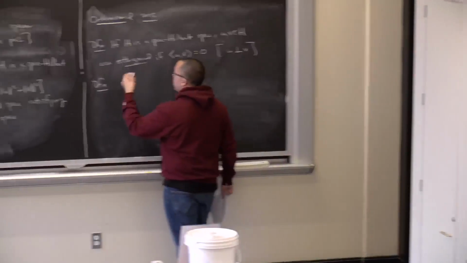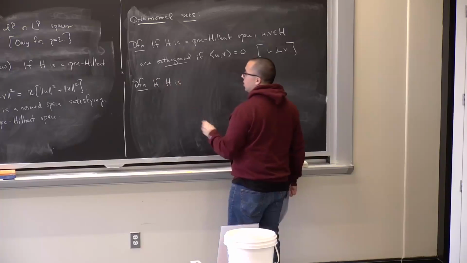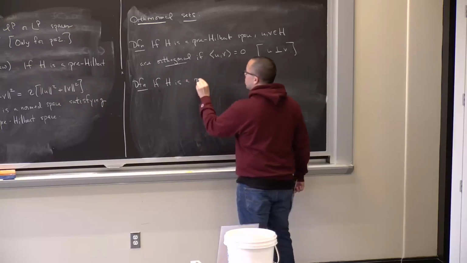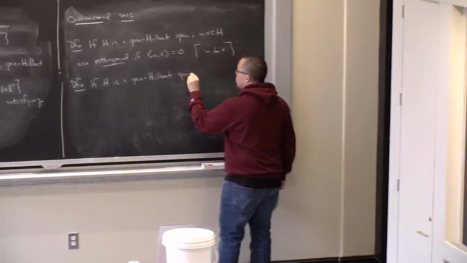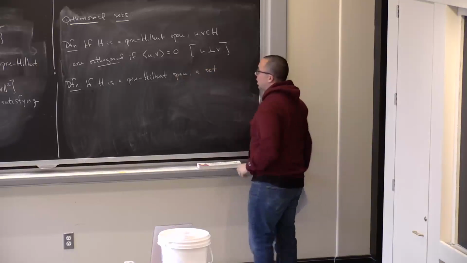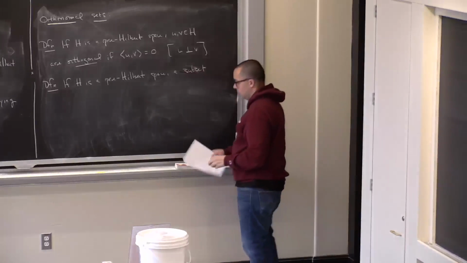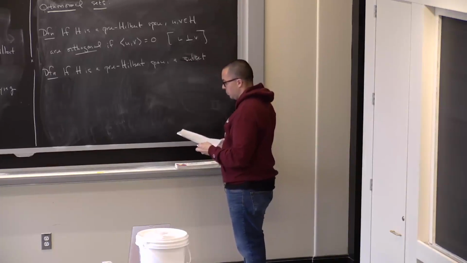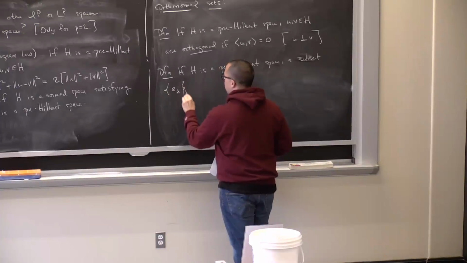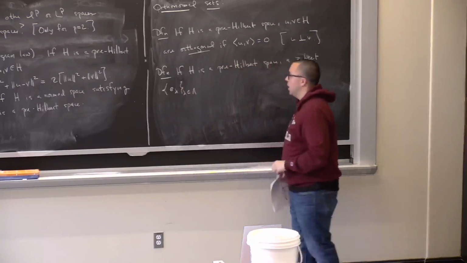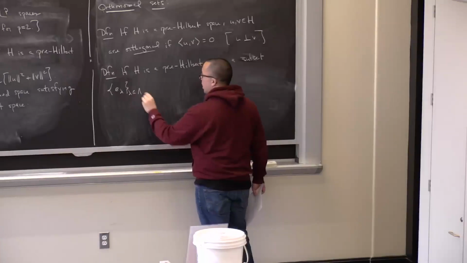So throughout, H is going to be a pre-Hilbert space if I don't actually write it. If H is a pre-Hilbert space, a subset which I'll denote by E lambda, lambda in capital lambda, so just some subset indexed by some indexing set capital lambda.